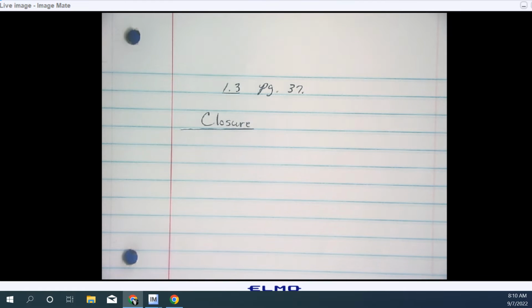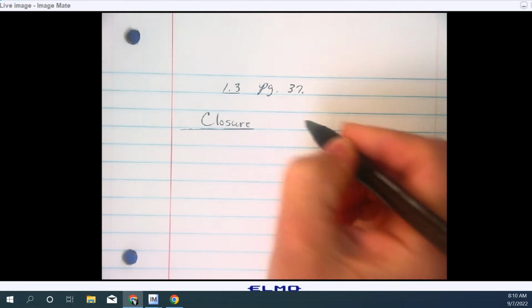And the closure property just says for any real number, when you add the numbers together, you're going to get a real number. Now, that seems silly that you would have to say that, but remember, we're only dealing in the realm of real numbers right now. And later, we're going to go on and deal in the numbers that are imaginary.